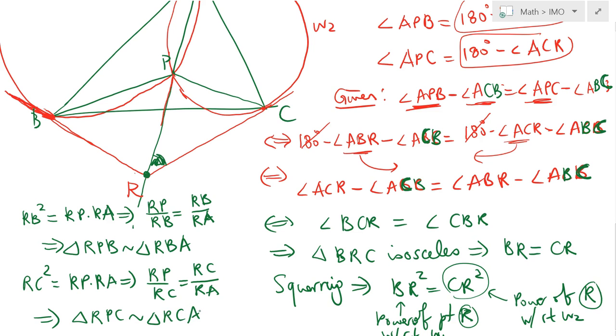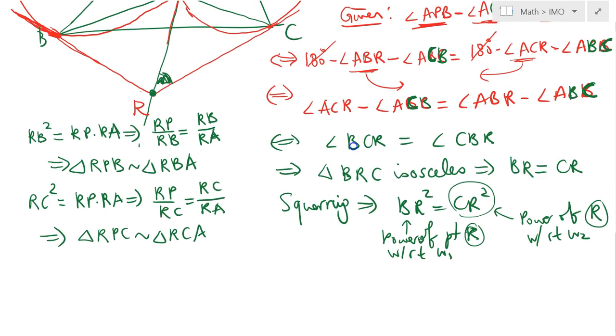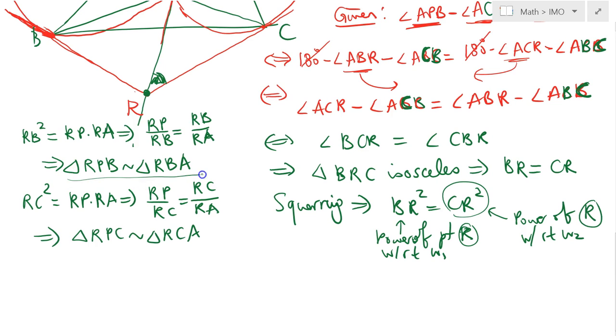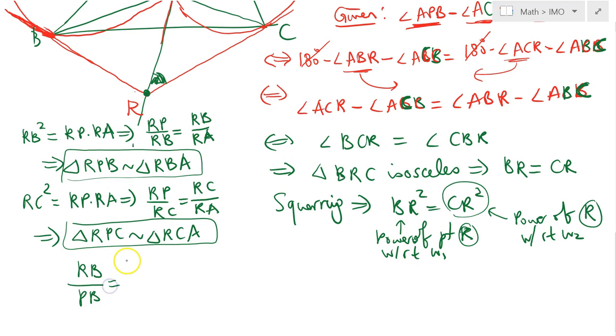And now finally using these two similarity conditions, the one which is useful for me, I believe, is this one, RB over PB from the first one is equal to RA over BA, and in a similar way from the second one, RC over PC is equal to RA over CA.